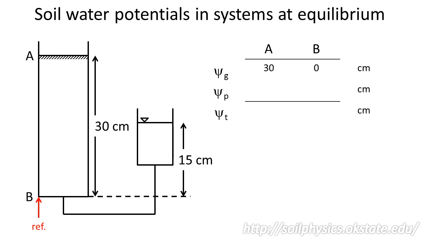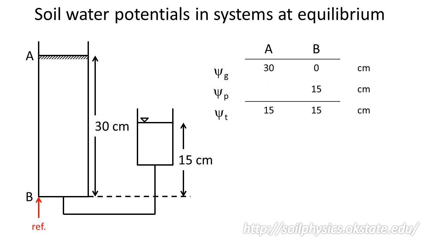However, our pressure potential at B is changed. Now point B is only 15 centimeters below the free water surface, so its pressure potential is positive 15 centimeters of water. The total potential at B then is going to be 15 centimeters of water, and since it's at equilibrium, we know the total potential at A. It is also 15 centimeters of water.